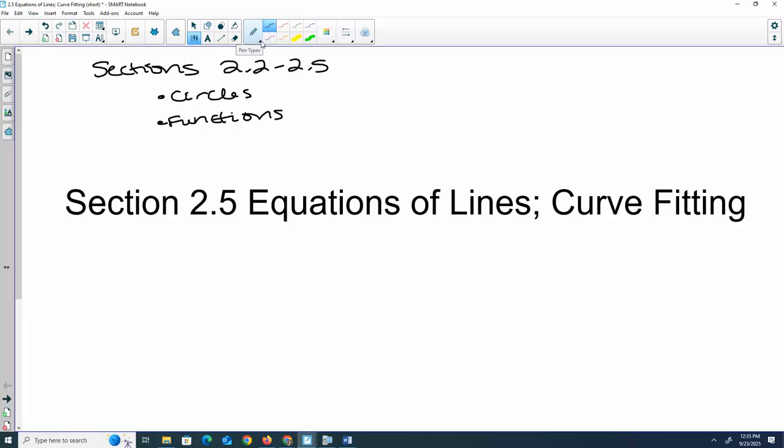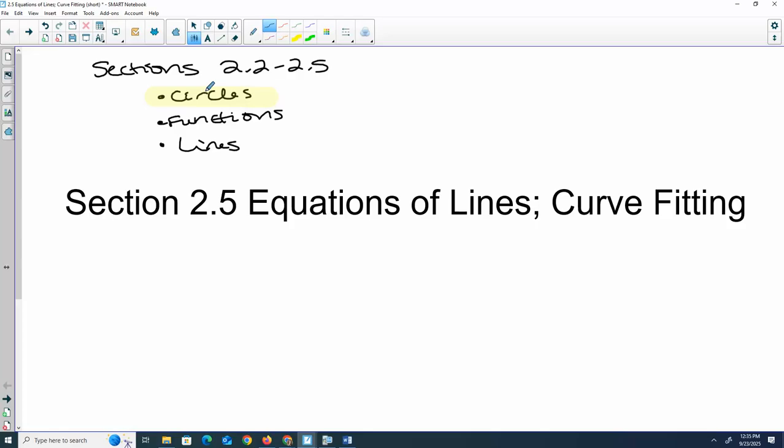Vertical line test, evaluating functions, function notation. And then the majority of it will be things with lines. So writing the equations that we'll talk about today, graphing a line, domain, range, slope, that stuff that we've been doing. Your circles you might need to review. There'll be 2 questions on your quiz about circles.